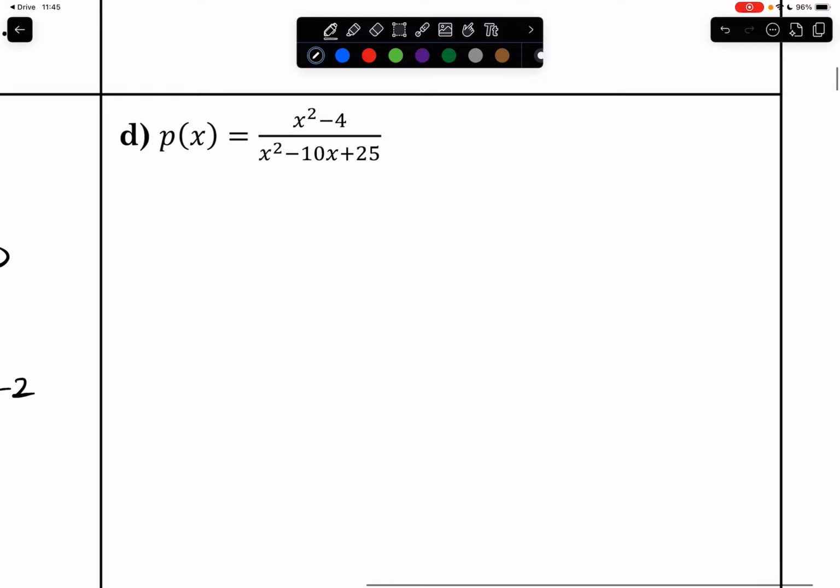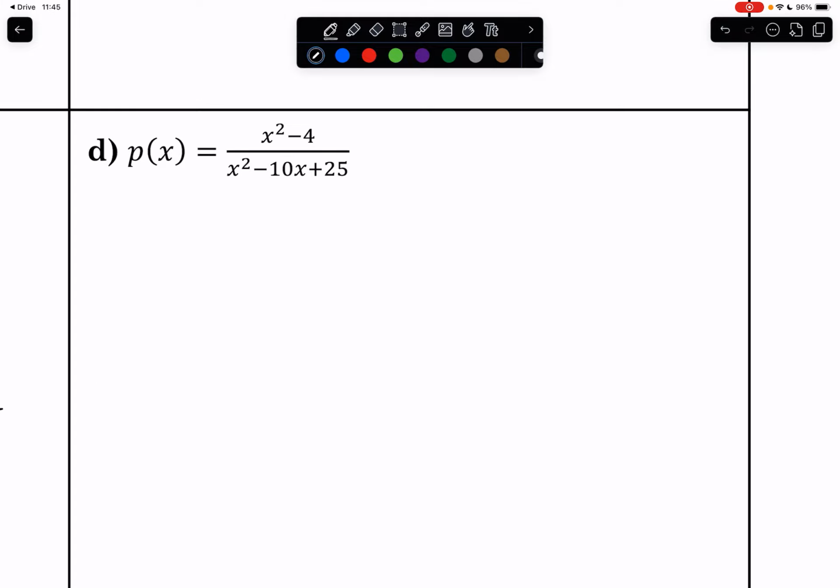Now let's look at example D, function P. For this one, to find the zeros, we're going to get our quadratic numerator function, x squared minus 4, and set that equal to 0. Now these are not linear factors because we have x to the second power, not a line.